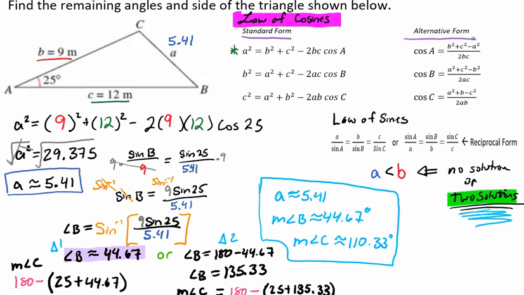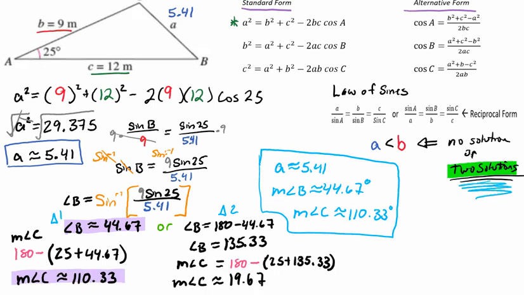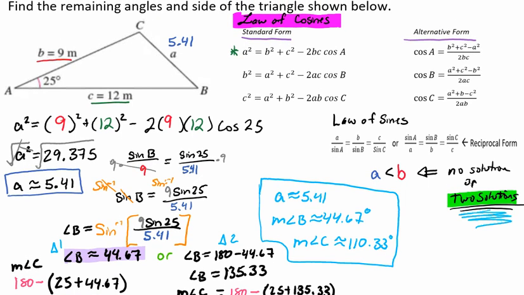You wouldn't have to worry about this piece down here with our two possible solutions, because the law of cosines will give you obtuse angles, whereas the law of sines will not, which is why you have the possibility of two different triangles. So the choice is yours. It is possible to do with the law of sines, but you end up having to make the two triangles and then compare them. The law of cosines, on the other hand, would give you the straight answer each time.